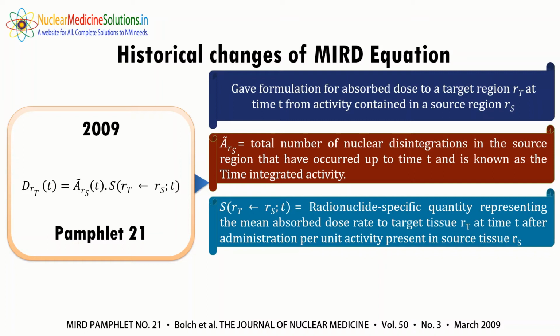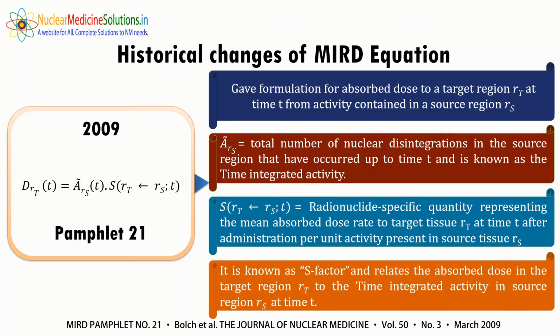S is a radionuclide-specific quantity representing the mean absorbed dose rate to target tissue rT at time T after administration per unit activity present in source tissue rS, and it is known as the S factor and relates the absorbed dose in the target region rT to the time-integrated activity in source region rS at time T.